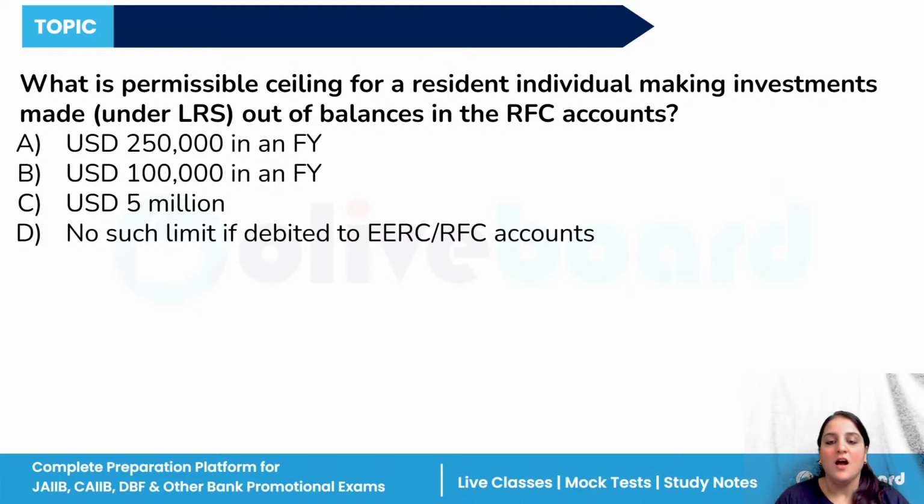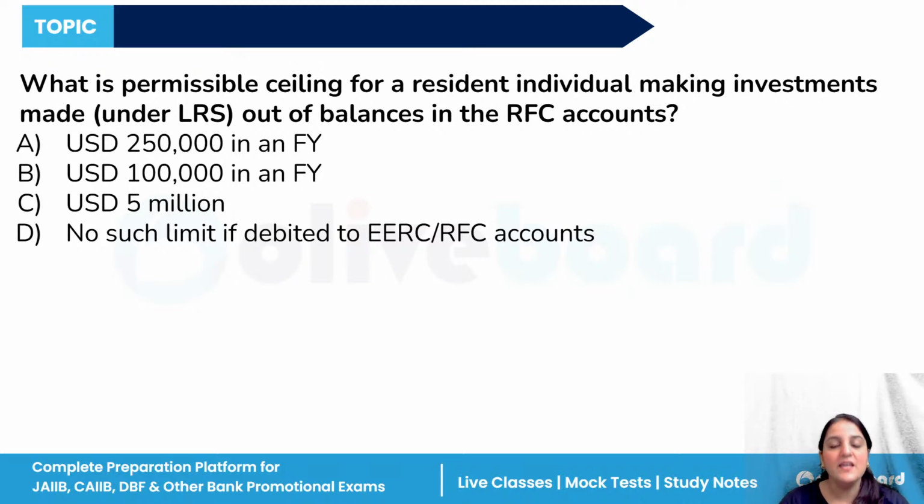See, under the LRS, the general permissible limit for an individual to remit money abroad is US dollar 2,50,000 per financial year for various purposes, like investment, education, travel, etc. But if we talk about the RFC, these are special accounts that allow Indian residents to hold foreign currency, and they can be used to manage funds from abroad such as income earned in foreign countries or gifts.